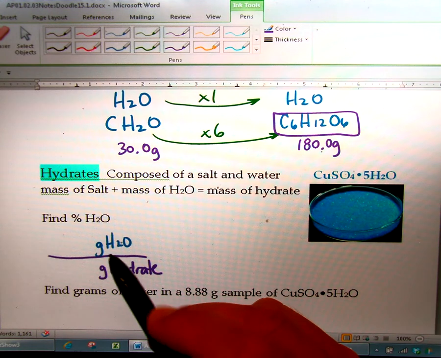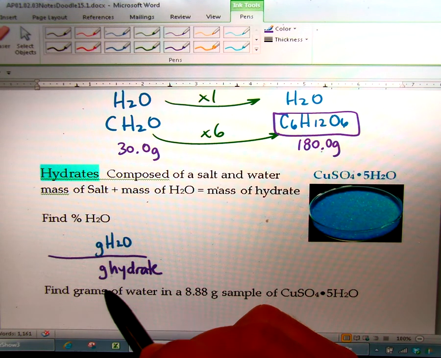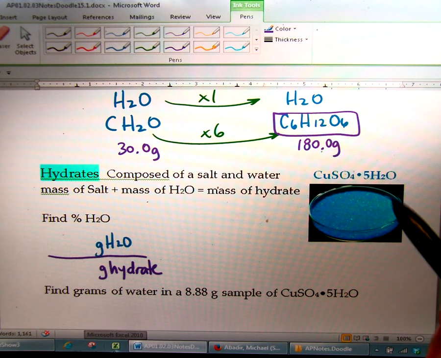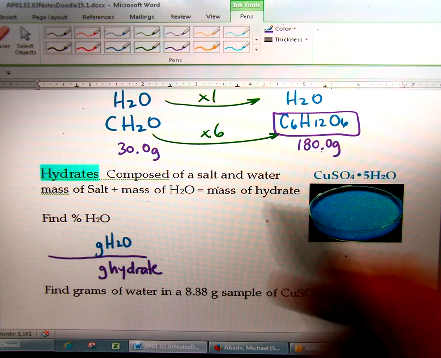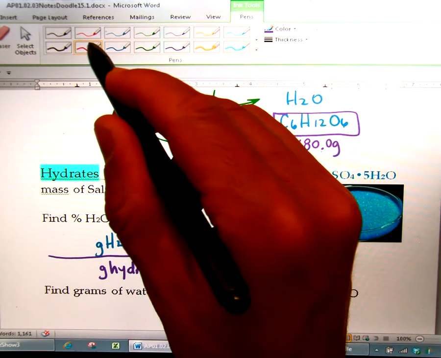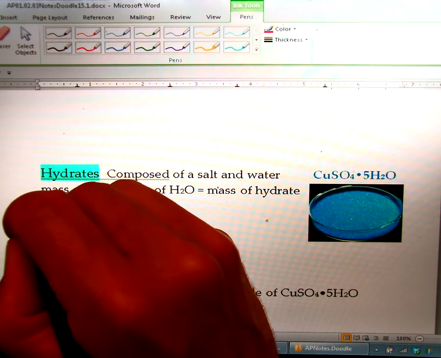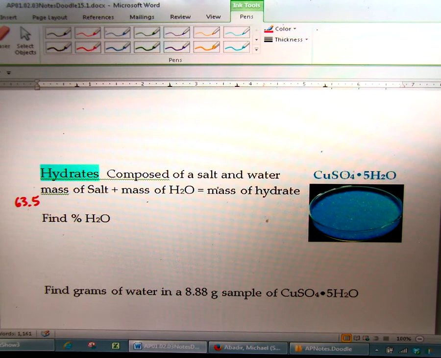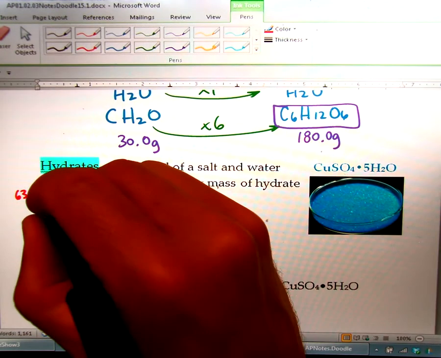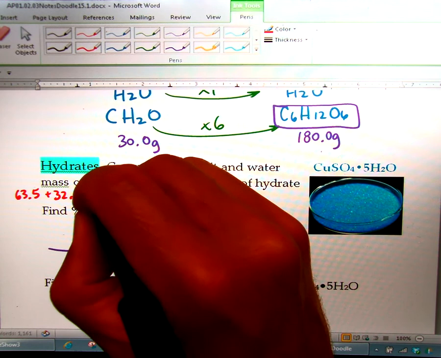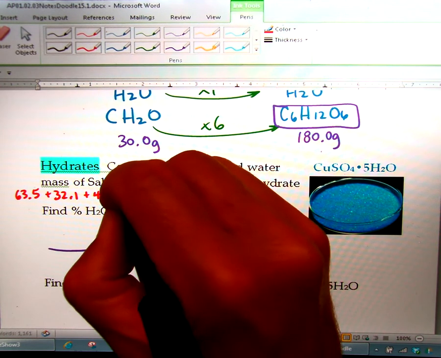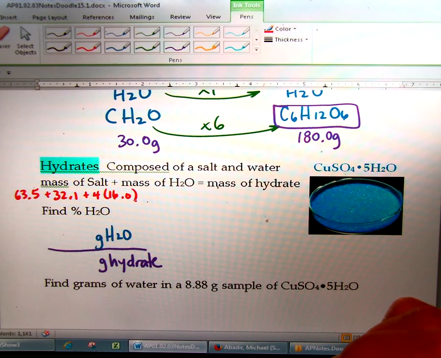So we need to know how much water is in here and how much the whole hydrate weighs. Well, if I tell you the formula is CuSO4·5H2O, you could find that mass yourself. So what you would do is take Cu, which is 63.5, and S, which is 32.1, and 4 times oxygen, which is 4 times 16.